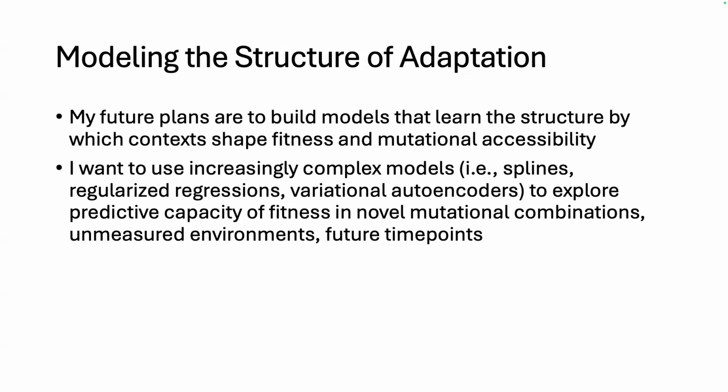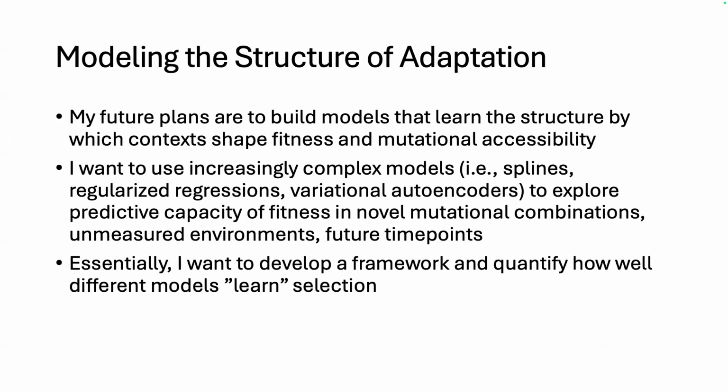But kind of increasingly complex models that I hope can explore predictive capacity of fitness in novel mutational combinations, unmeasured environments, future time points, all of which I already have actually with these experiments. I only talked about the 3.5 hour data, but I actually do have additional time points for both of the experiments that I talked about, as well as new antibiotic environments that weren't sequenced and measured yet. So I think that maps onto model verification quite nicely.